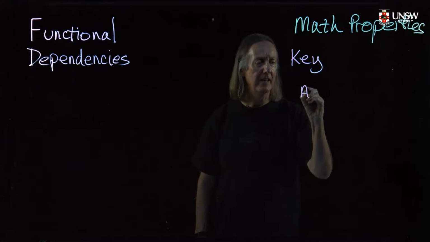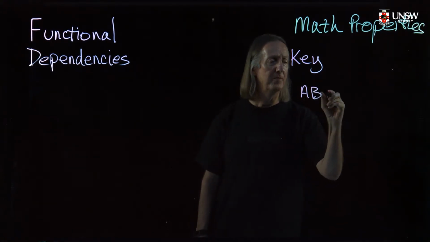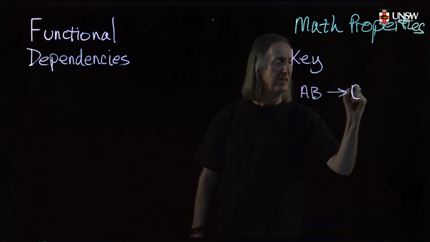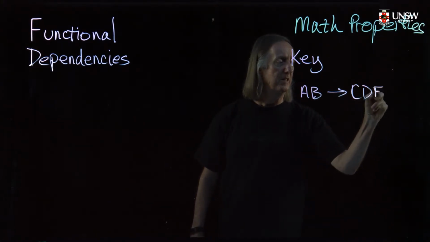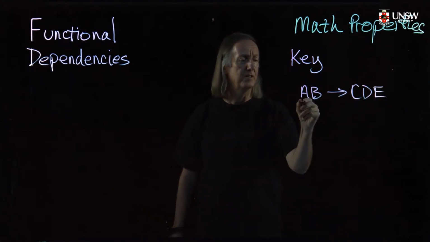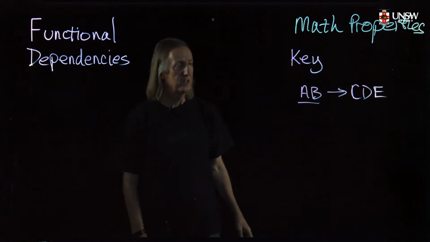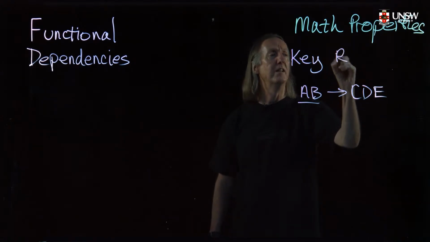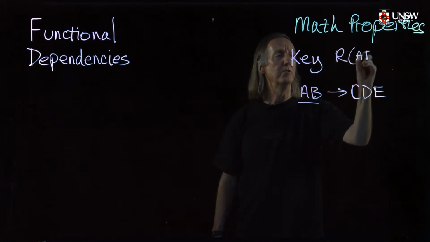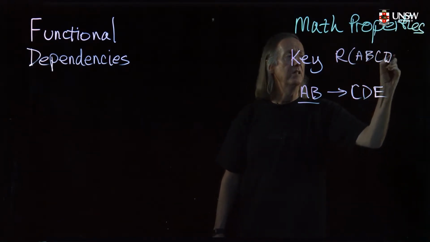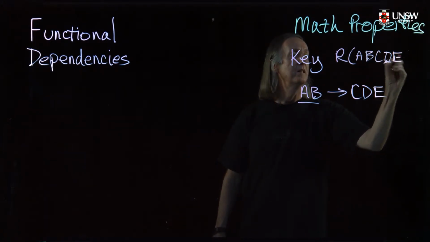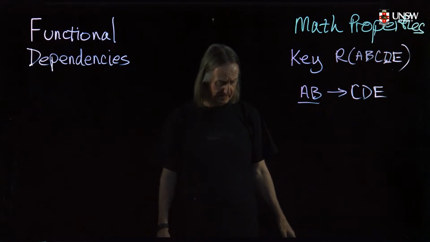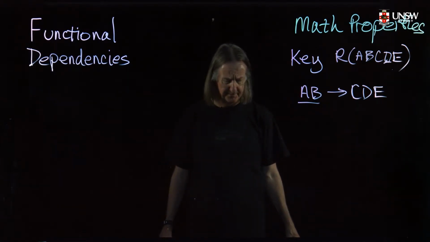So if we had, let's say for the sake of argument, AB functionally determining C, D and E, then we could state that AB was a key of that table. So here we're talking about a relation which has the attributes A, B, C, D, E. So AB would form a key in that situation.